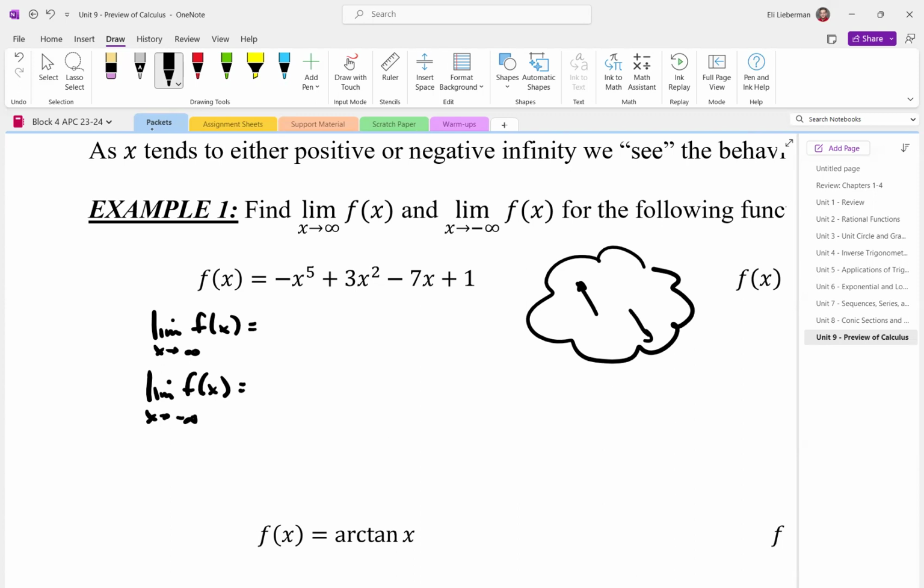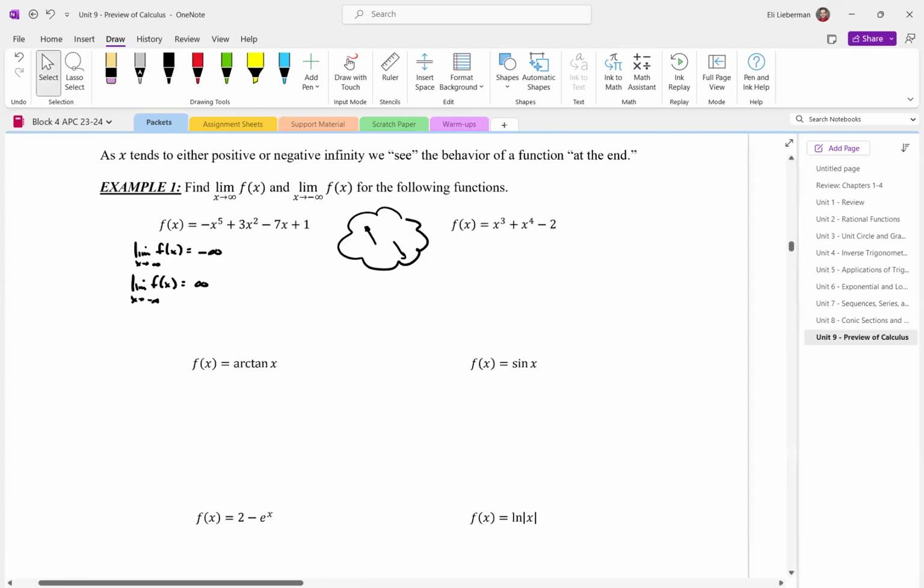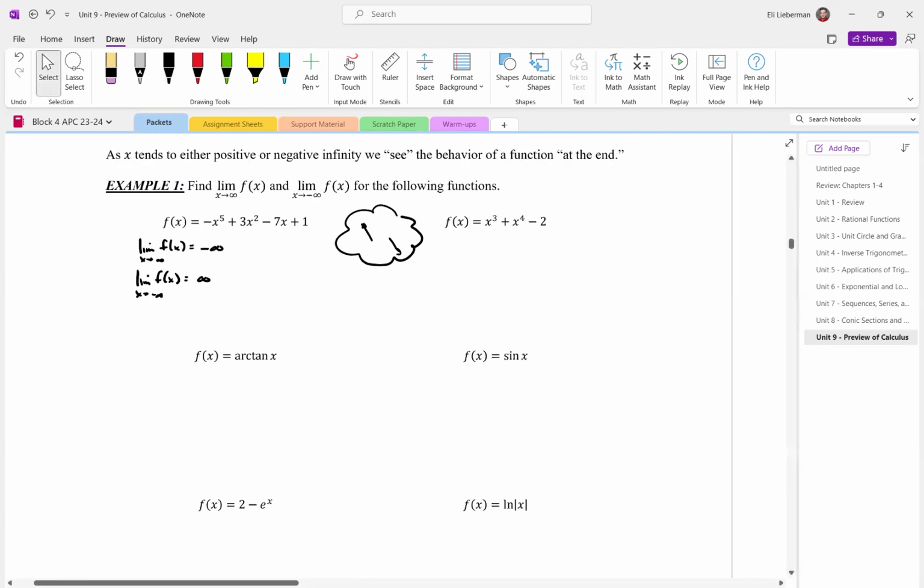We care about what happens when x is going to positive and negative infinity. So all we care about is the dominant term, the leading coefficient. That's why in our mind we have this, so that we can answer the first one. The limit as x goes to infinity of this function is equal to negative infinity. The other way is positive infinity. Rings a bell? Cool. I'll give you some time to work on the rest of these.